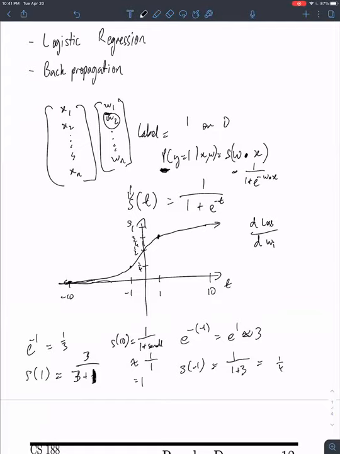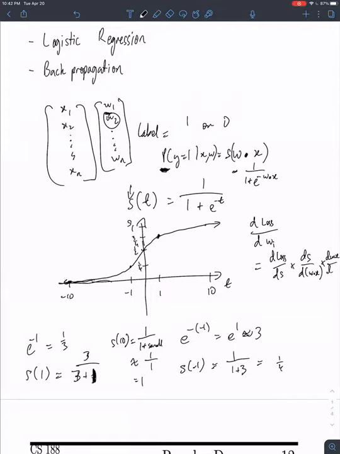And I just want to say one final thing about logistic regression. The thing about logistic regression is, d loss on d wi, right? Well, loss is going to be a function of what the probability was, so it's a function of this s, right? So this is going to be equal to d loss on ds times ds on d w dot x times d w dot x on d wi, right?